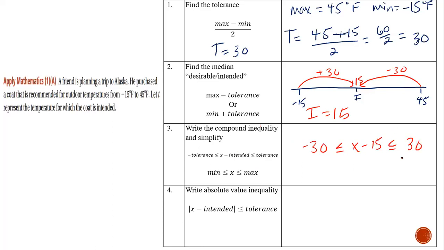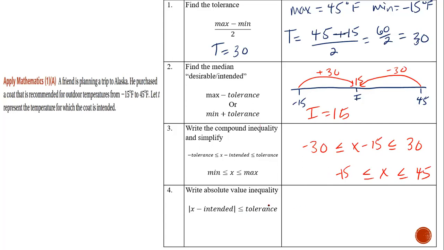So it's the same thing as before. This is just checking yourself and making sure you have everything in place. If I work backwards and solve this, I'm going to end up with -15 and +45. So that lets me know that I have my right numbers.